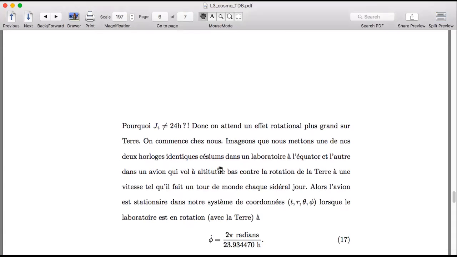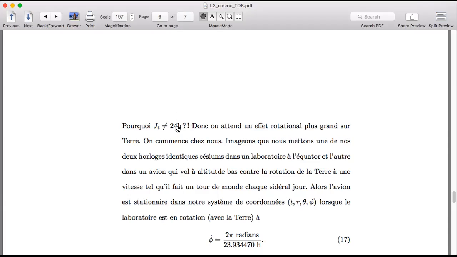It goes around the sun once every year, and so in a 24-hour period, it's gone 2 pi radians plus 1 over almost 365 times 2 pi radians. So it's gone a little bit more.